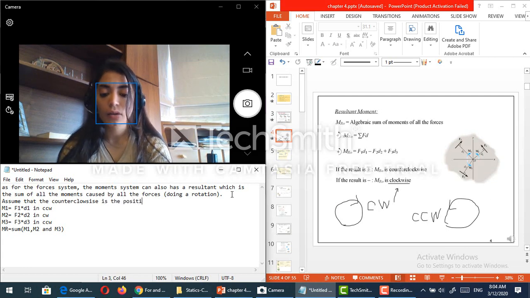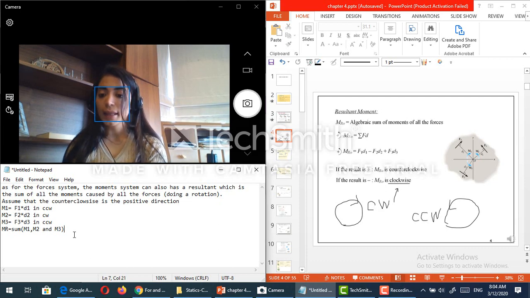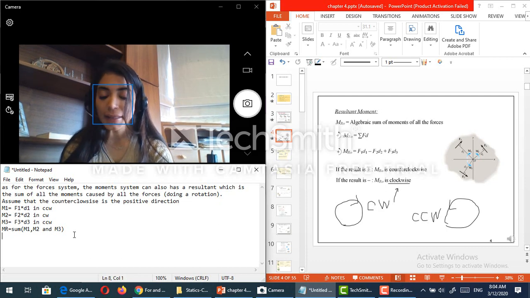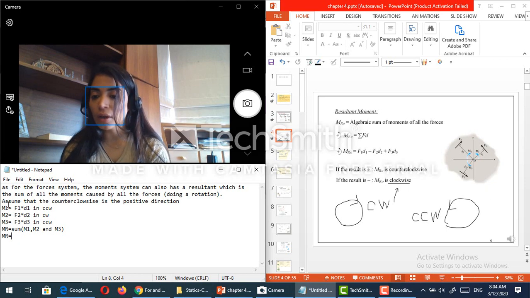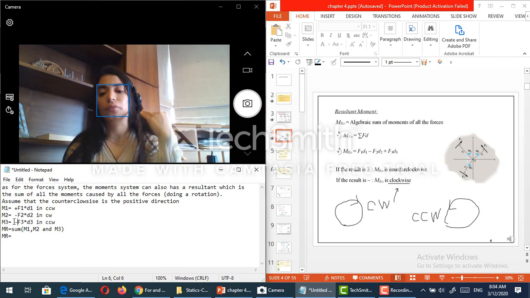So I should say here, for example, assume that the counterclockwise is my positive direction. And then guys, here I can say that M resultant will be equal to what? It will be equal to plus M1. So M1 is now in the positive direction. M2 is in the negative direction since M2 is in the clockwise. And M3 will be in the negative direction.